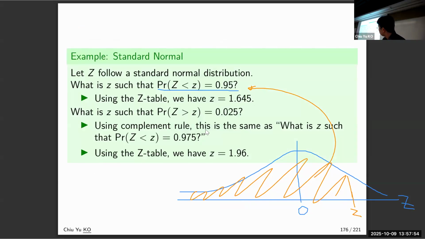You can do the same for left and right, just by the complement rule. Just subtract from 1, that gives you the left-hand side, if they ask the right-hand side. We'll be doing this very often, don't worry. You will see this in the second half of the course, which means next week, but you will be working on it very soon.